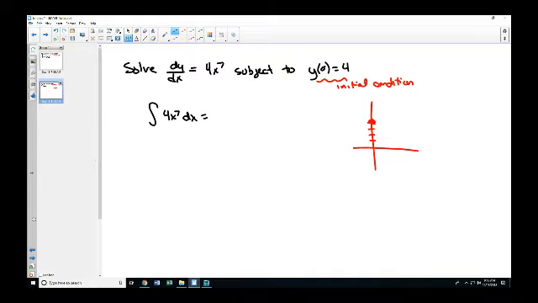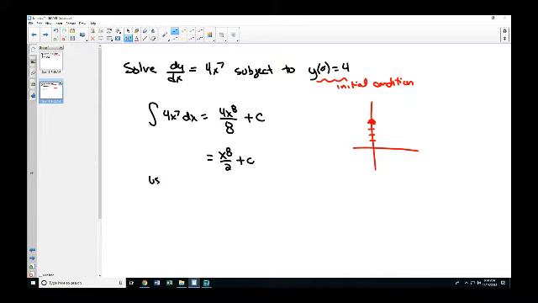Let's see, integral of 4x to the 7th, or the antiderivative of 4x to the 7th, which is the same as x to the 8th over 2. Correct? Okay.